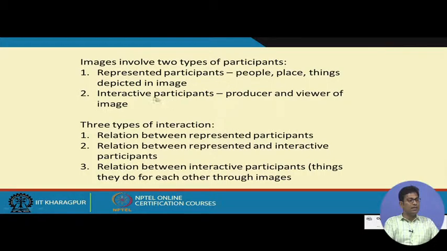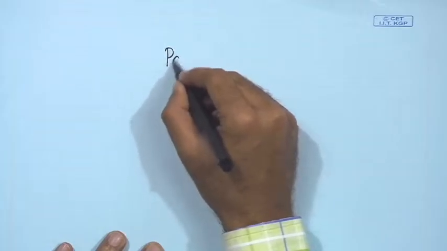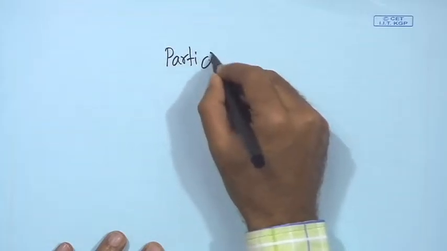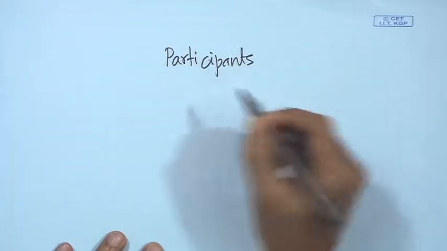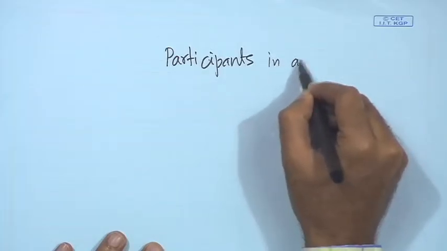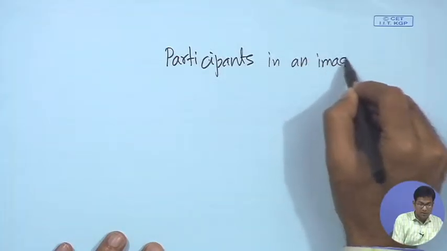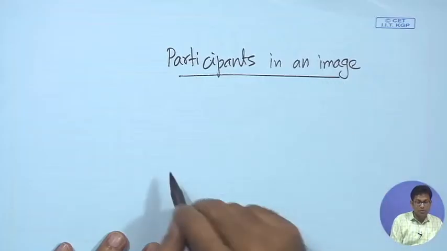So, basically images involve two types of participant. One is a represented participant and another is the interactive participant. So, what it essentially means is that we have participants in an image. An image is not a lonely place.